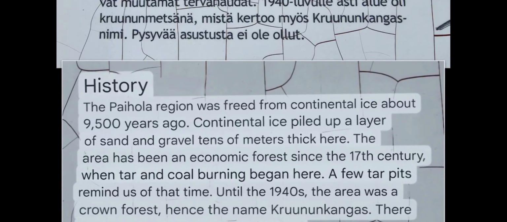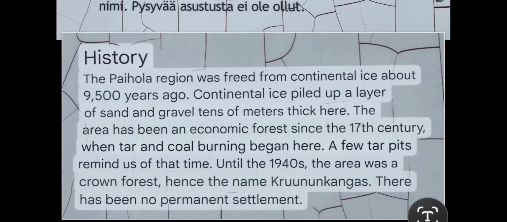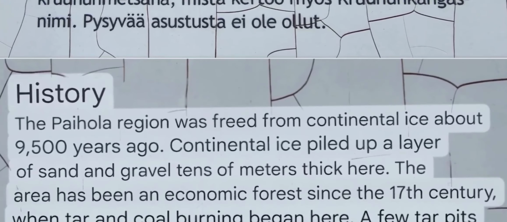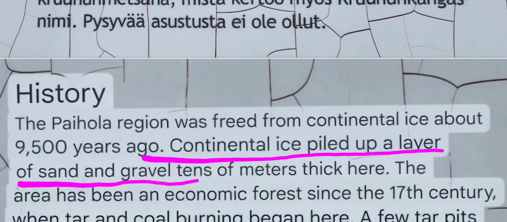The area has been an economic forest since the 17th century, when tar and coal burning began here. A few tar pits remind us of that time. Until the 1940s the area was a crown forest, hence the name Kruunukangas. There has been no permanent settlement. So, continental ice piled up layers of sand and gravel tens of meters thick here.